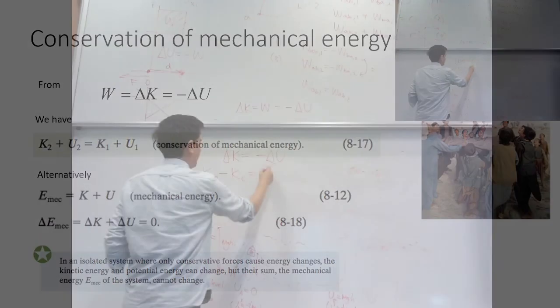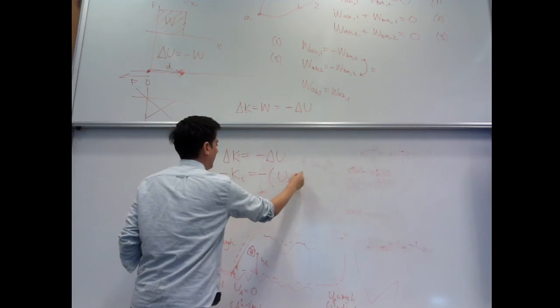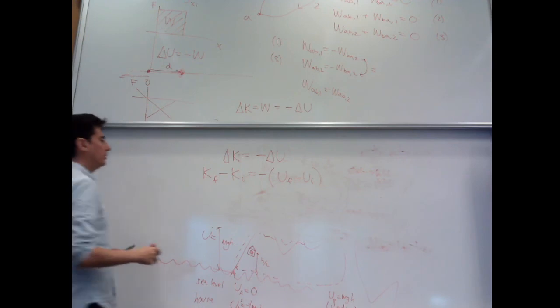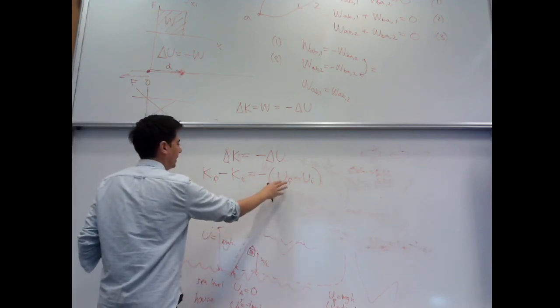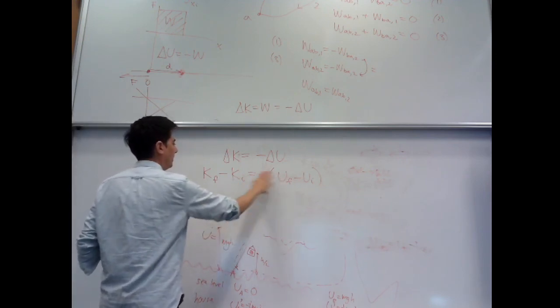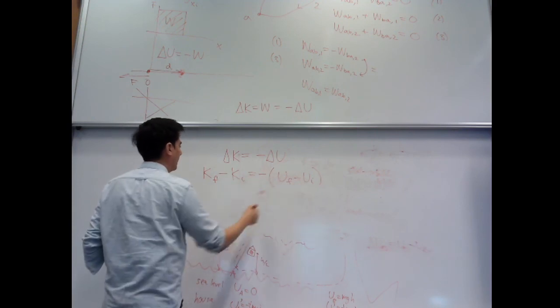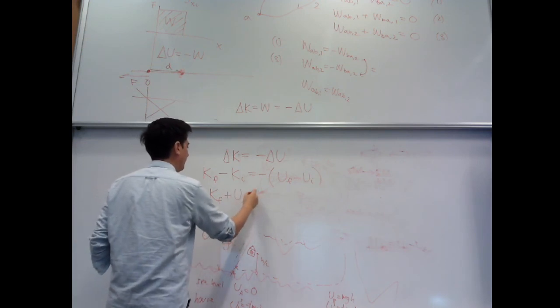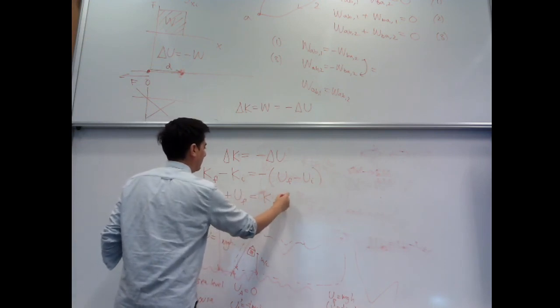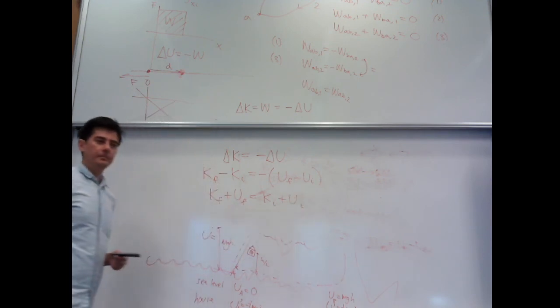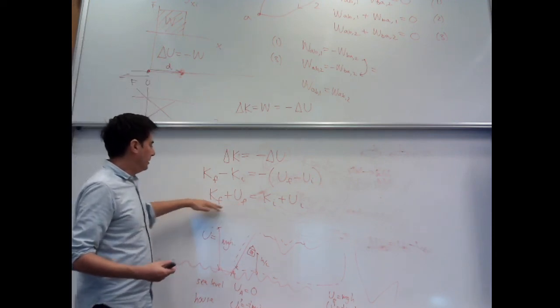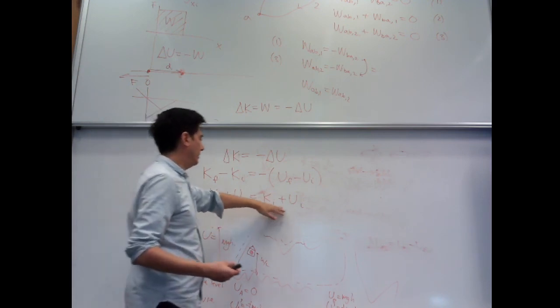And this has got a minus sign, but this is U final minus U initial. And we can just do a little bit of rearranging so that let's put this U_F on the left and the initial ones on the right here. So basically you'll have K_F plus U_F is equal to K_I plus U_I. So basically it says that the initial and the final total energies in terms of kinetic and potential energies are going to be the same.